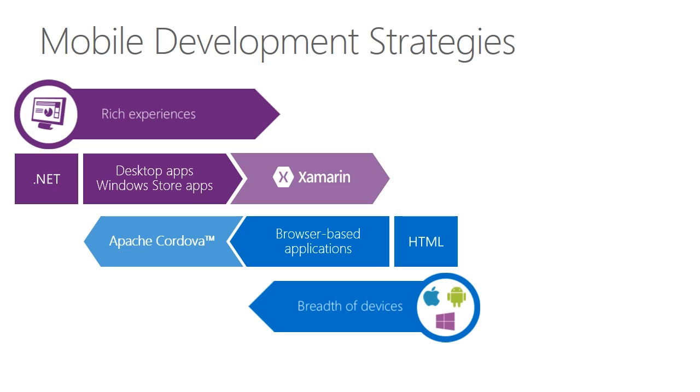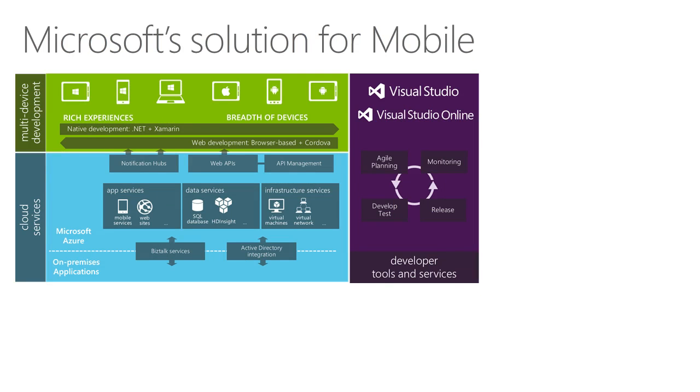With Xamarin, C# developers can share business logic across iOS, Android, and Windows applications. With Apache Cordova, web developers can achieve maximal code reuse by building cross-platform mobile applications using web standards technologies like HTML, CSS, and JavaScript.